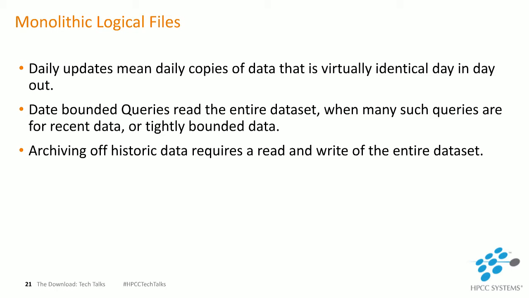Given that, we initially had a single logical file holding all the data on Thor. Effectively, we had a superfile that was linked to a single monolithic logical file. This, after about 6 months of working, was obviously becoming untenable.